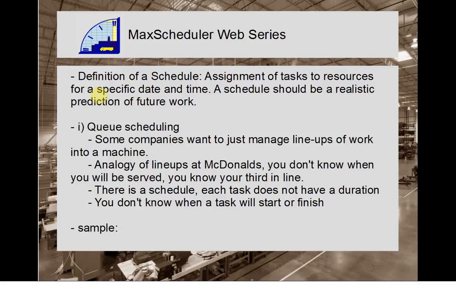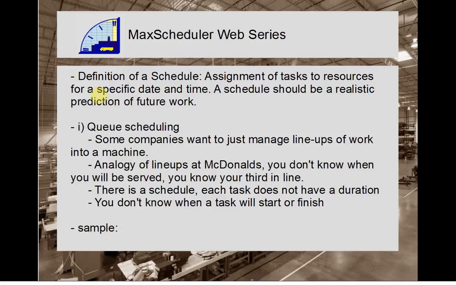A good way to explain this is an analogy to lineups at McDonald's. If there's a crowd at the checkout counter, there may be 3 lineups and you join a line, and it is a schedule to a certain degree. You don't know when you will be served. All you know is that you're third in line.